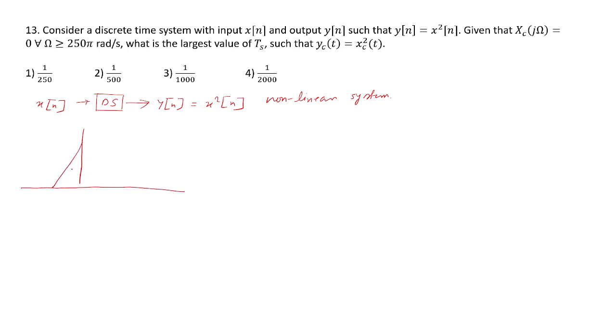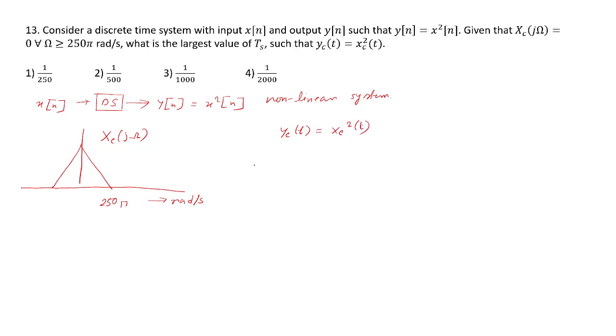That means if I plot the spectrum of xc of j omega, its maximum frequency component lies here, 250 pi radian per second. So what is the largest sampling period Ts such that yc(t) is equal to xc square t?